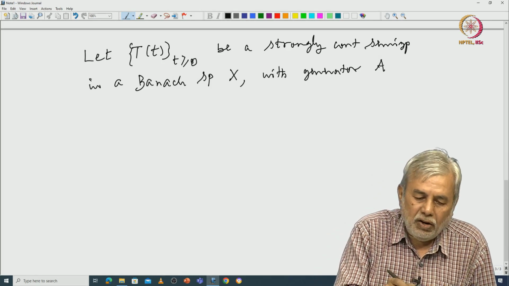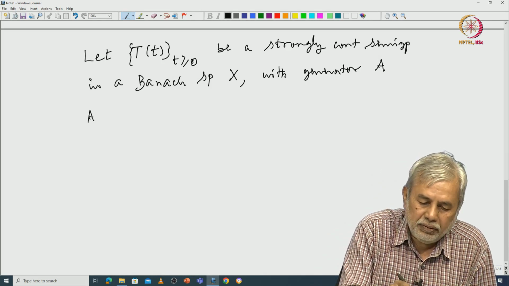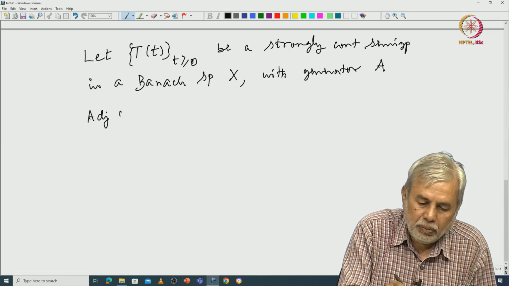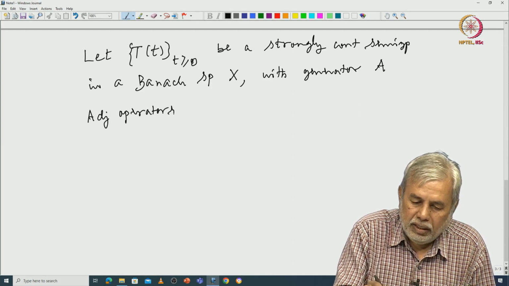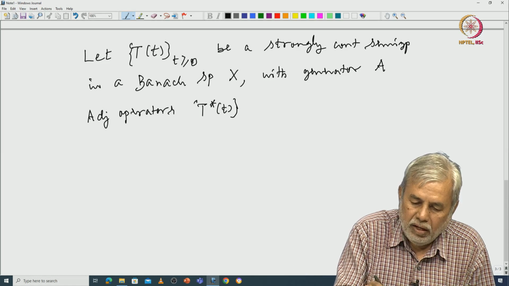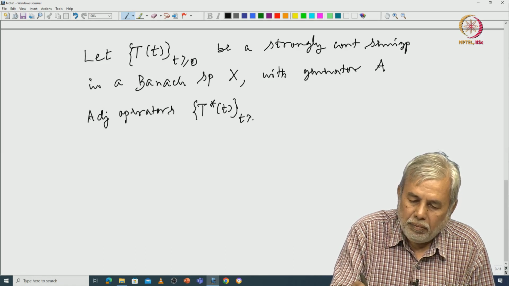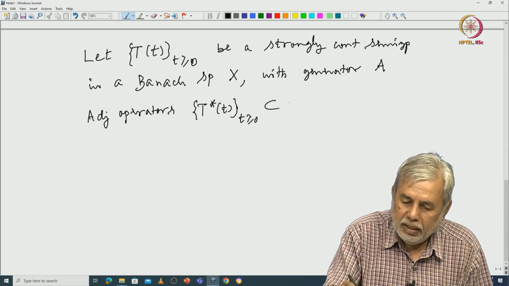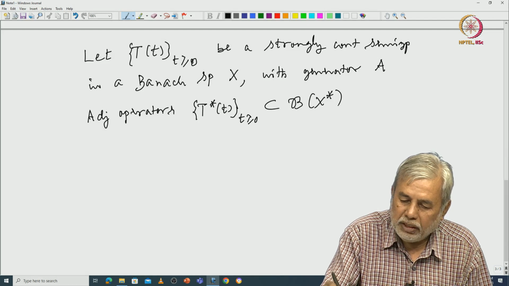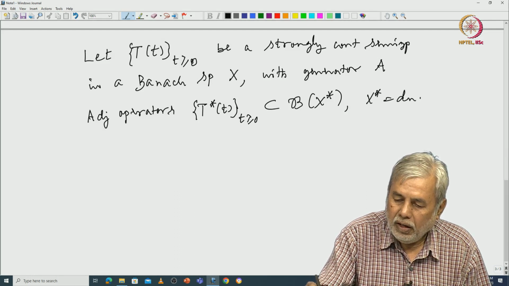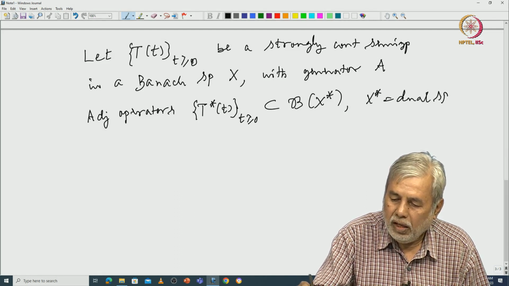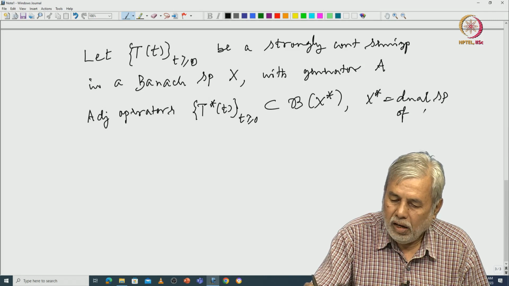Now, the family of adjoint operators T star(t), but now this is in B(X star). So, they are defined on the dual space. X star is the dual space of X.